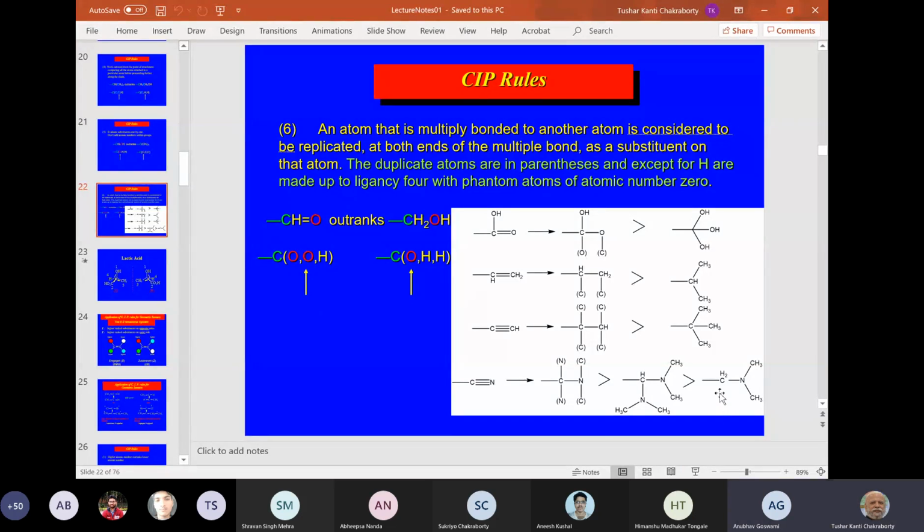If it is a sec-butyl, you have a CH, and on one side it will be CH2CH3, and on the other side it will be CH3.